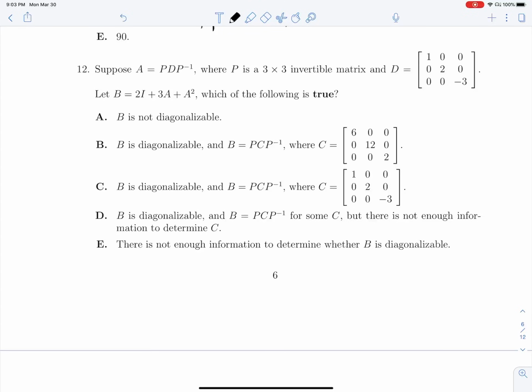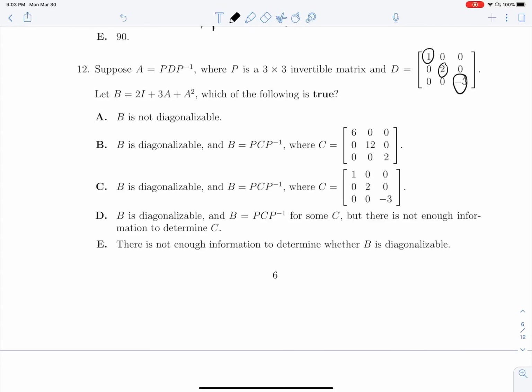and D is a diagonal matrix, we know for a fact that D here encodes the eigenvalues of A, and that because we can find a diagonal matrix D and an invertible matrix P such that this whole relation is true, A is diagonalizable.